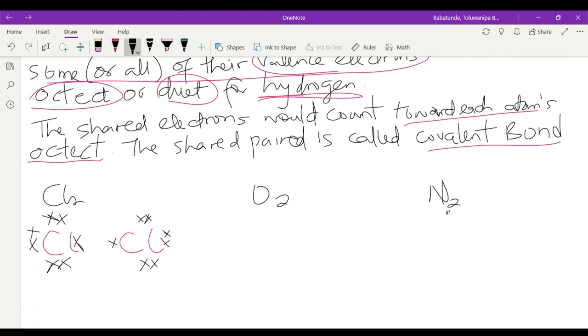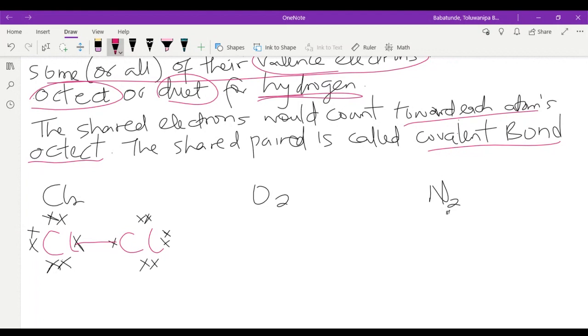So in this Lewis structure, because it is a covalent bond, it involves electron sharing. Each of them will donate an electron, and they're going to form a bond this way. So this single bond has 2 electrons.